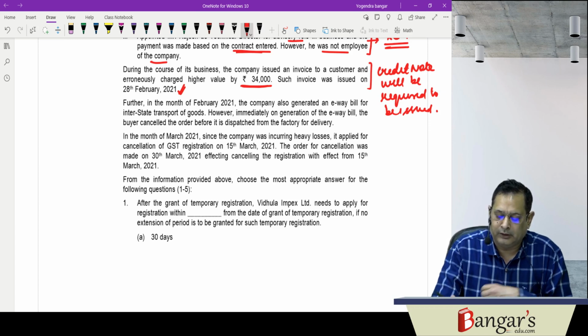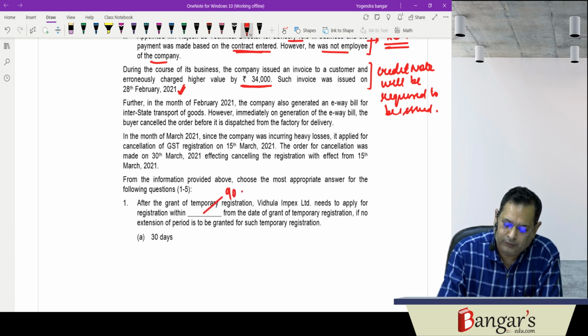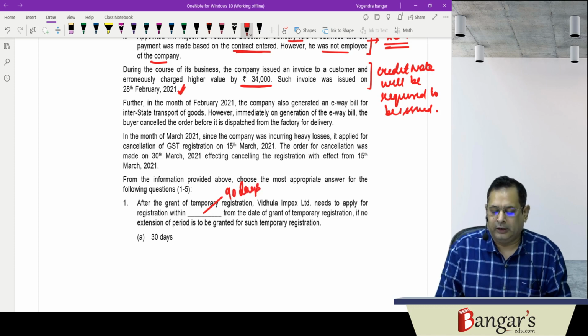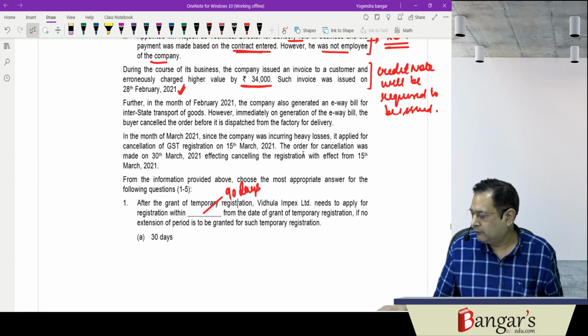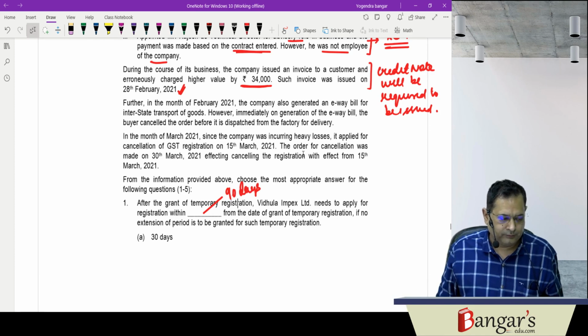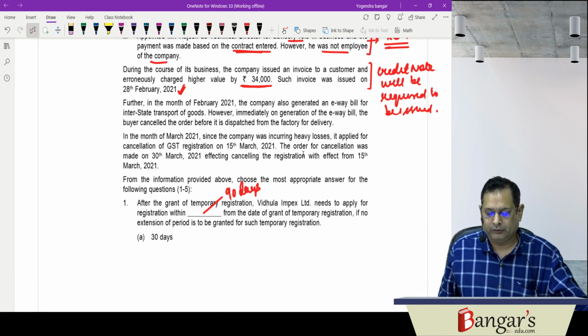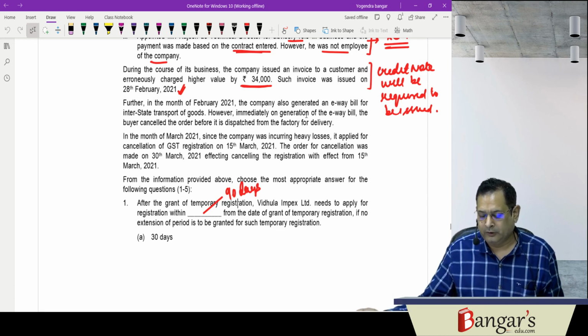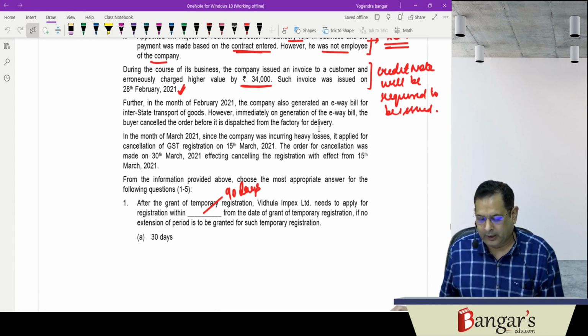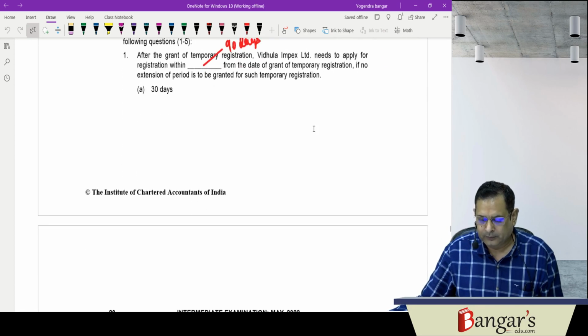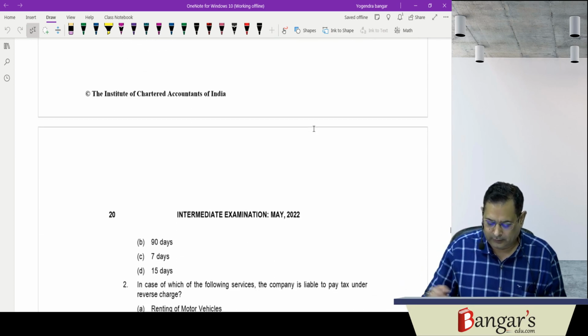We have discussed, within 90 days from the date of the grant of temporary registration, if no extension of the period is granted. So here they have to apply within a period of 90 days. So this is the first question. Answer is 90 days here.